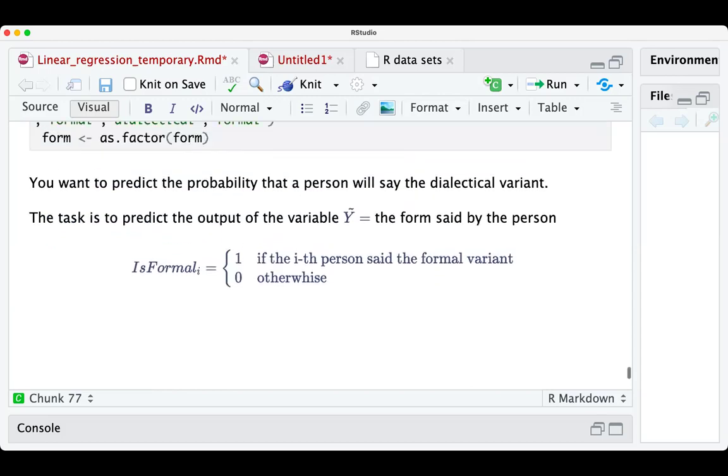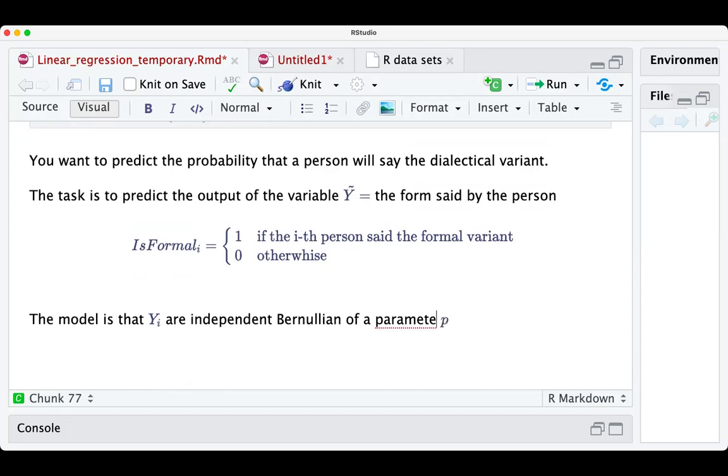So now the model is that these y_i's are independent Bernoullian of a parameter p.